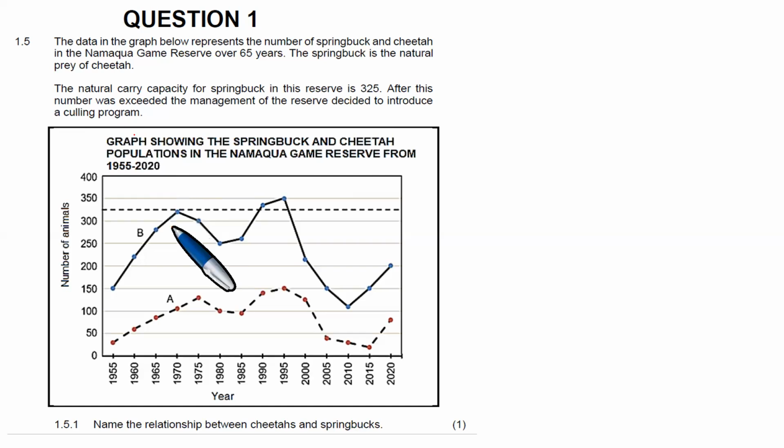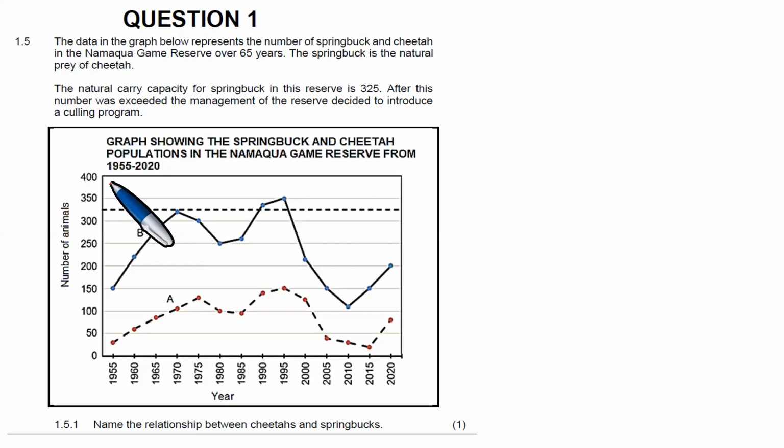There's a graph here showing the springbok and cheetah populations in the Namakwa Game Reserve from the year 1955 to the year of the pandemic, 2020, of the COVID-19 pandemic.